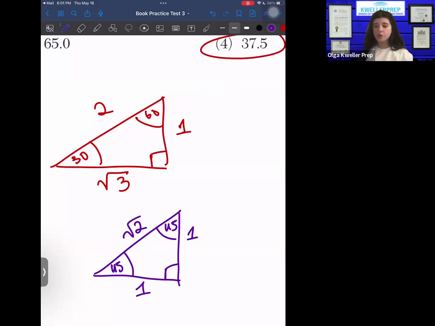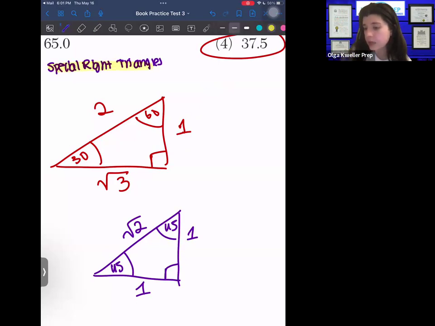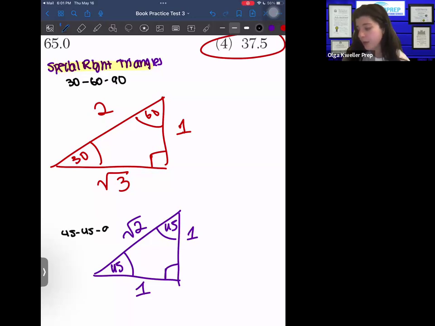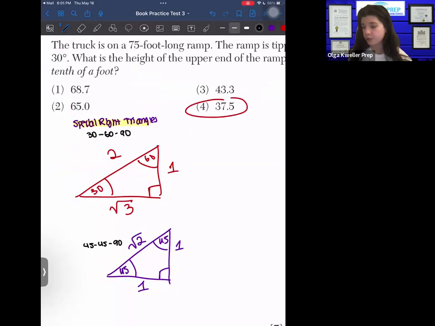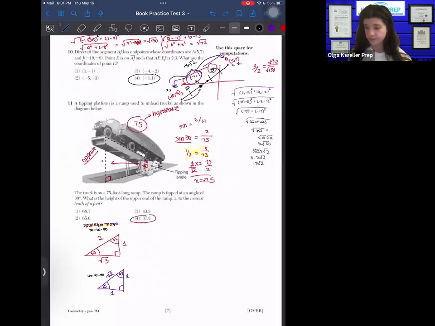So these are two special right triangles that I recommend you guys memorize. If you memorize these ratios, you know the sine, cosine, and tangent of 30, 60, and 45. You never have to use a calculator. And it's going to help you guys in trigonometry tremendously. It's going to help you on the SAT tremendously.